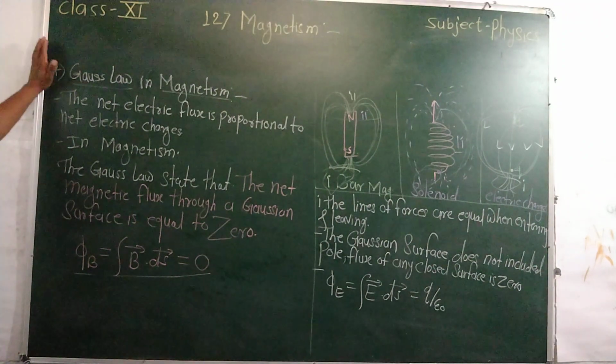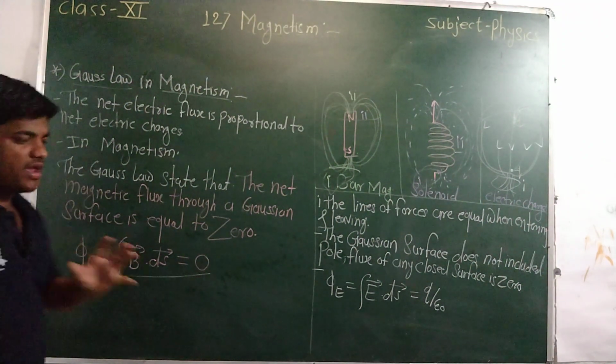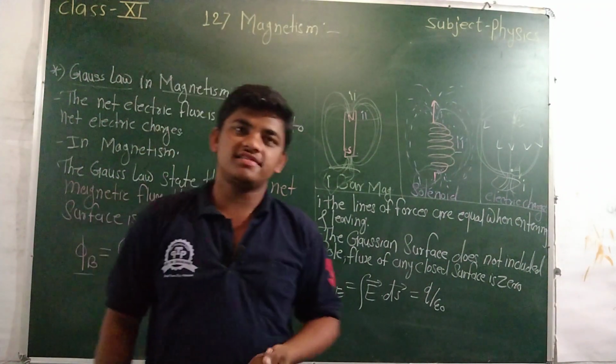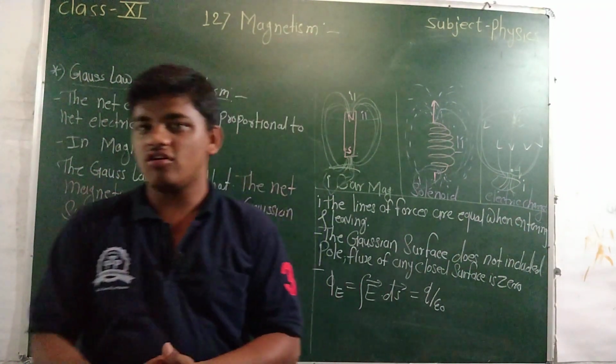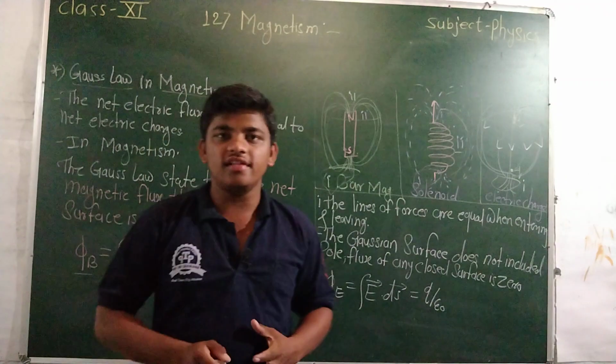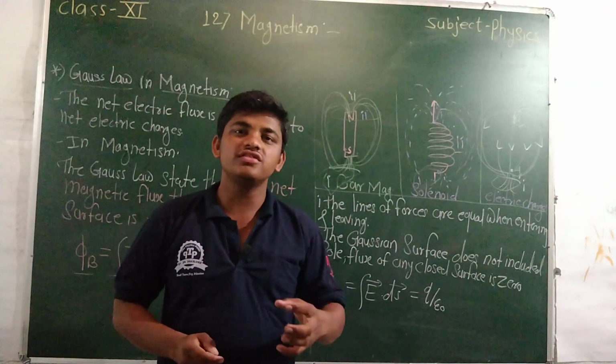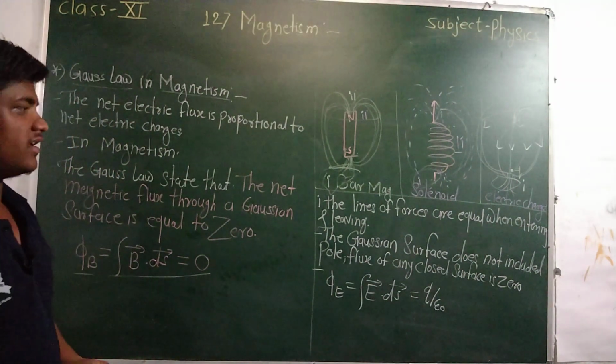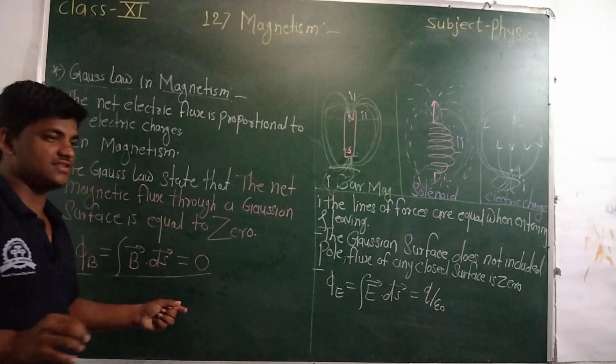Let's start to revise. What is the main purpose of studying these lectures? We are studying Gauss law. The difference is that Gauss law gives the electric flux in one case and the magnetic flux in the other; Gauss law gives only flux.